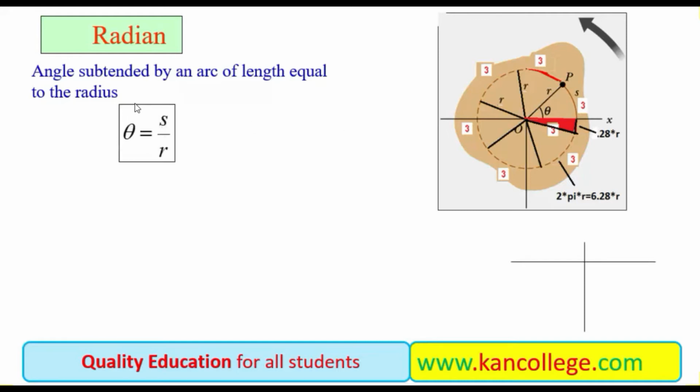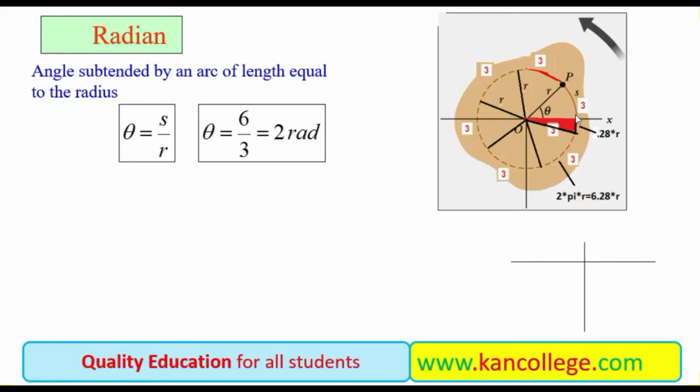It means that according to the definition, this formula gives the value of the angle subtended by an arc. If the arc is of length 3 meters and the radius is 3 meters, then the answer will be 1 radian. If the arc is 6 meters, meaning double, 3 and 3, the total arc is now bigger.